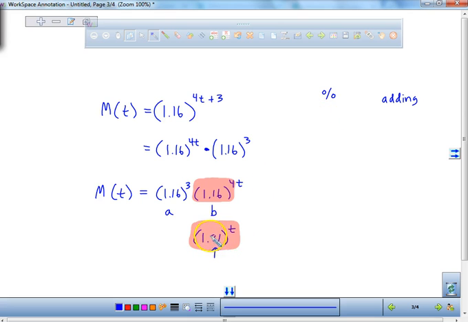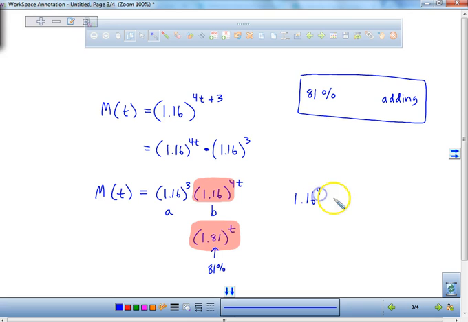Oh, 81. 81% is being added every single time. That 0.81 lets you know that's what's being added. That's what your answer would be. How did I get to 1.81? I took 1.16 to the power of 4, and that's approximately equal to 1.81. That's how I got the 81%.